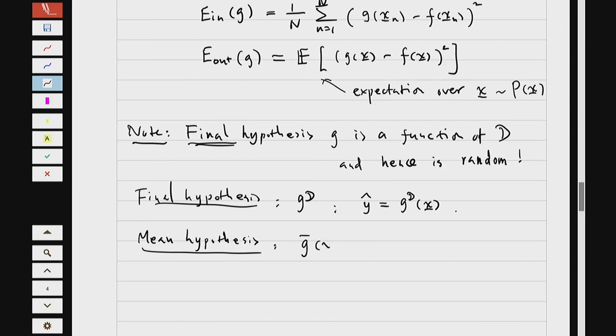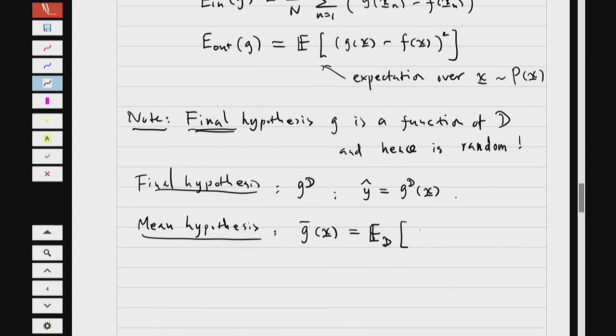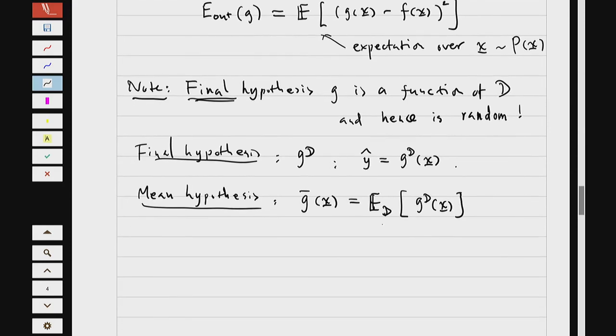Let's say g bar of x is equal to the expectation, taken over the random D, because the randomness of the final hypothesis comes from the randomness of the training data set D. So this is the expectation over D of g D of x, where D has a distribution P_D, which is just p x1 times p x2 times and so on up to p xn.